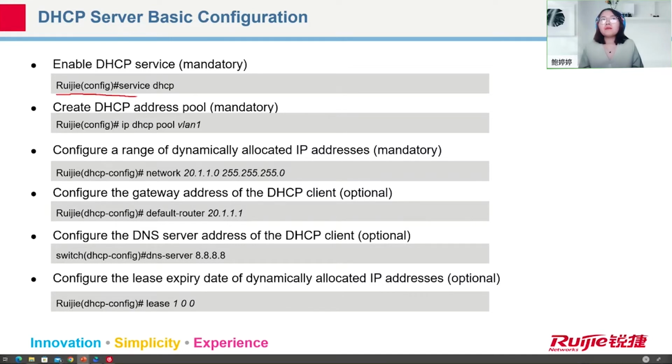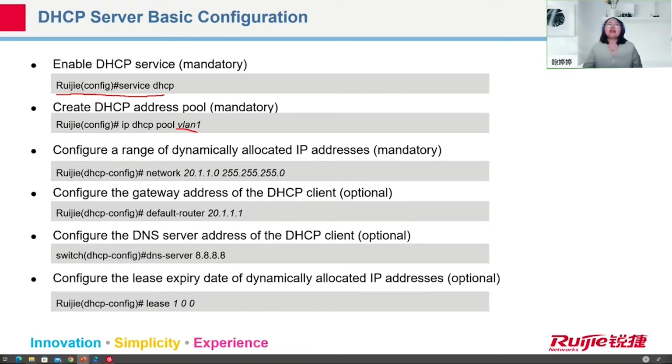In the global mode, the command is service dhcp. And then you have to create the IP address pool. In this pool, you can assign which IP addresses can be allocated for the client. And the name, for example, you can use VLAN1 or maybe another name like IT.